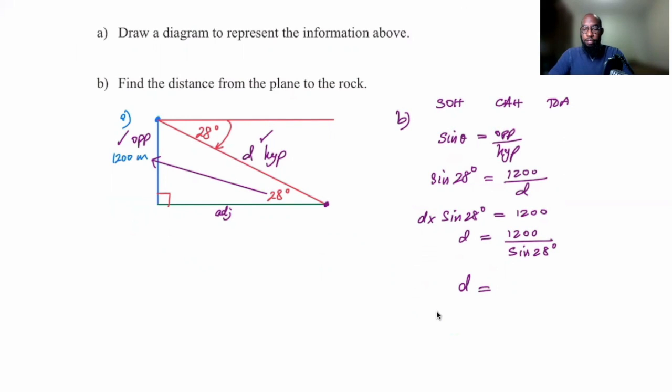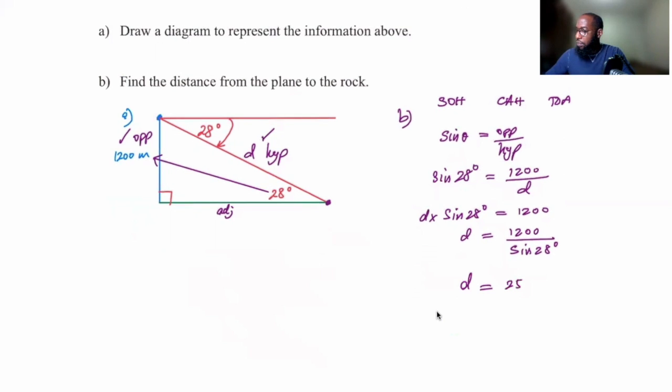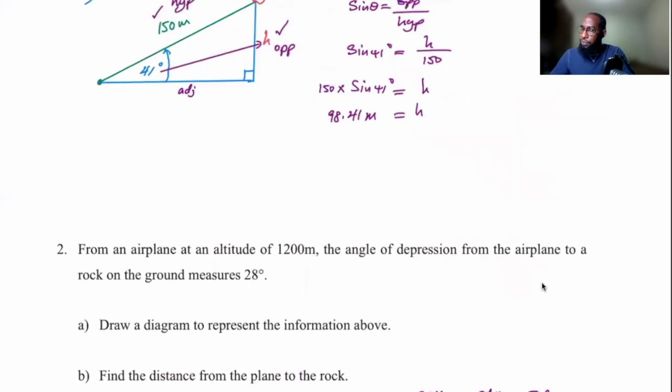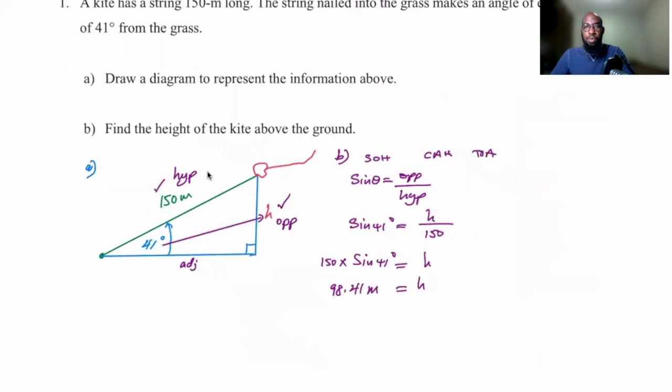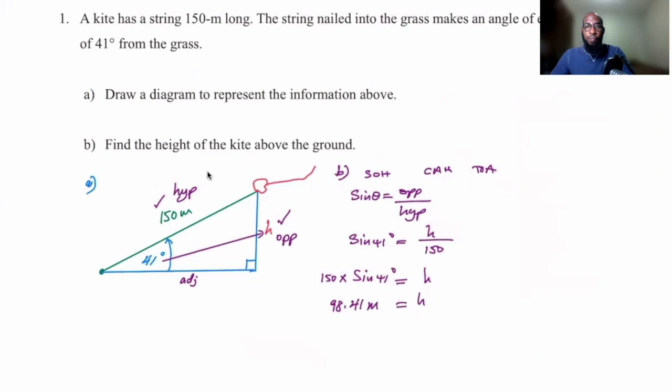You will get 2556.07, to two decimal places, and this is meters. You must put a unit. Now, the two questions didn't tell you to put it to the nearest meter or to two decimal places or two significant figures.